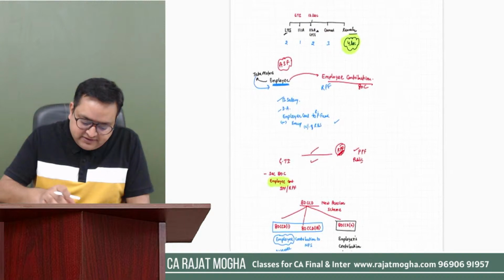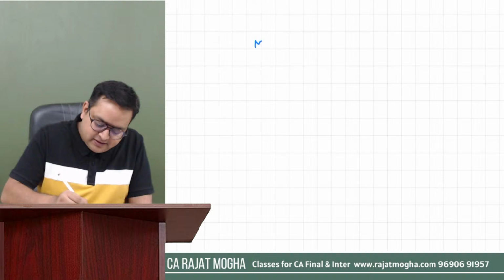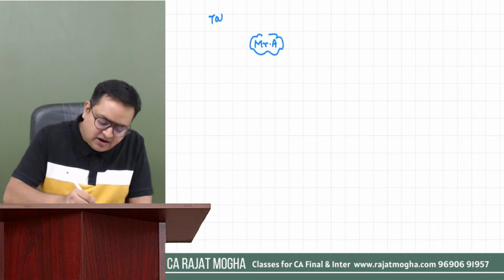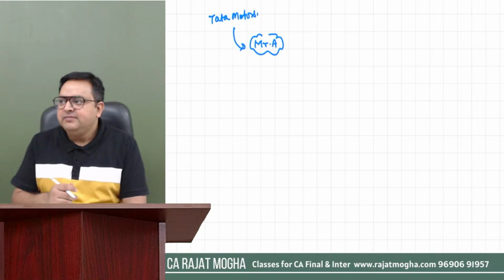As I have already mentioned, let's say there is an employee, Mr. A. Mr. A is an employee and he is working with Tata Motors Limited. Tata Motors is giving him salary.